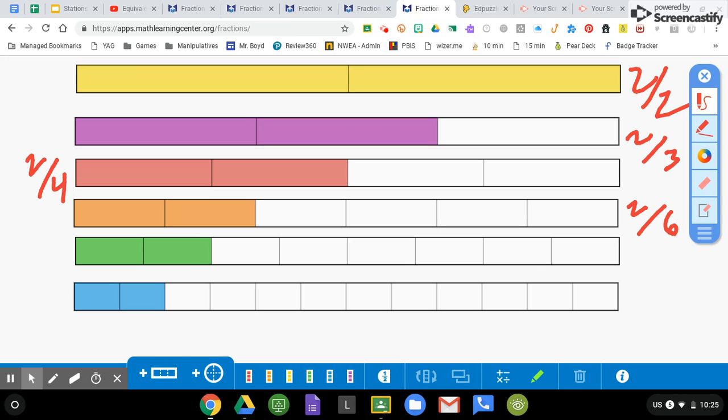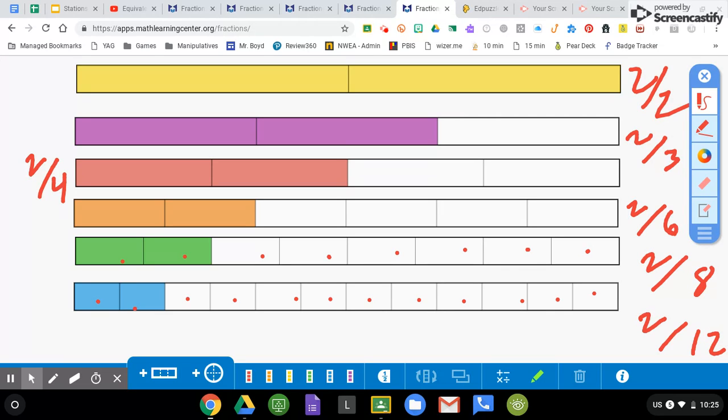In green, I got 2 shaded out of, well, how many total is that? Let's hold the count. 1, 2, 3, 4, 5, 6, 7, 8. 8 total, that's 2/8. And in blue, finally, I've got 2 shaded out of 2, 3, 4, 5, 6, 7, 8, 9, 10, 11, 12. That's 2/12. Crikey.